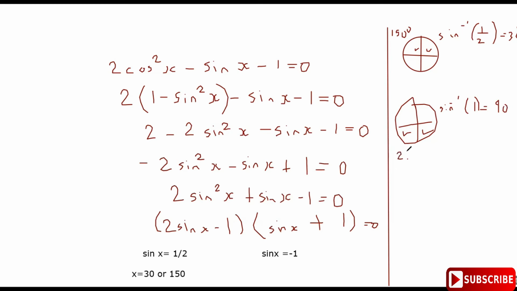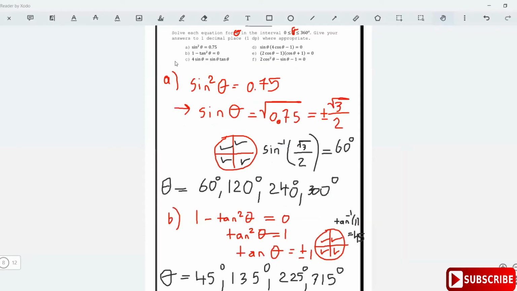And 360 minus 90 is still 270. So from this side, x equals 270 degrees, and those are the solutions. So x equals 30, x equals 150, x equals 270. Easy. Nice. That concludes solving these trig equations when they are in degrees.